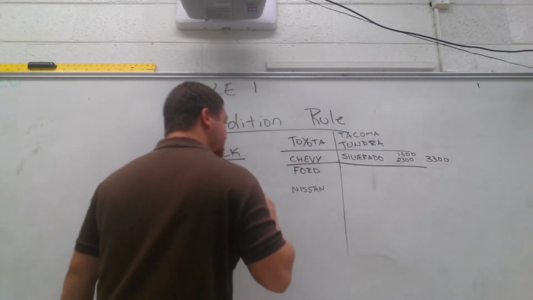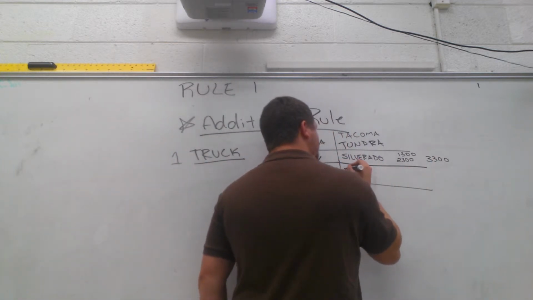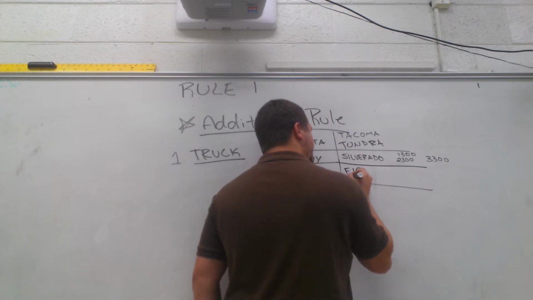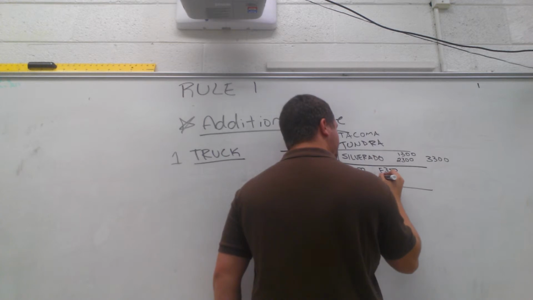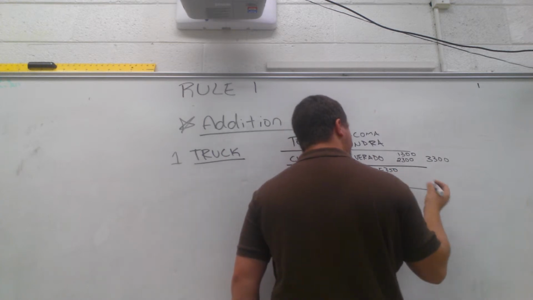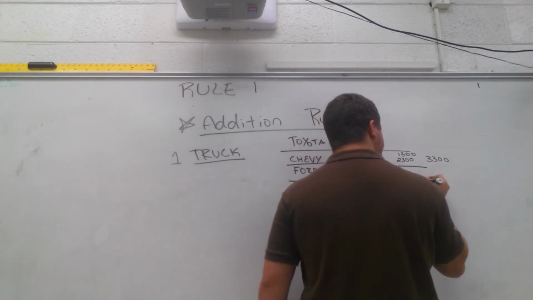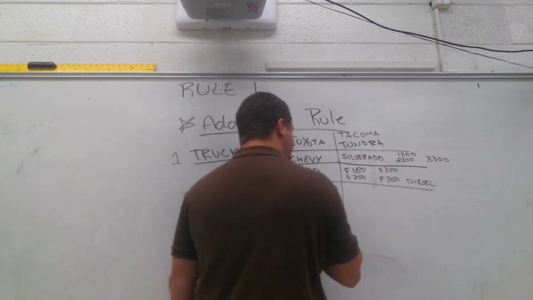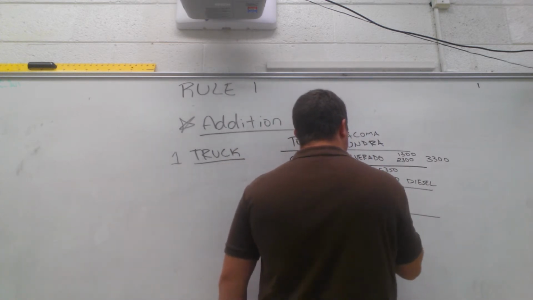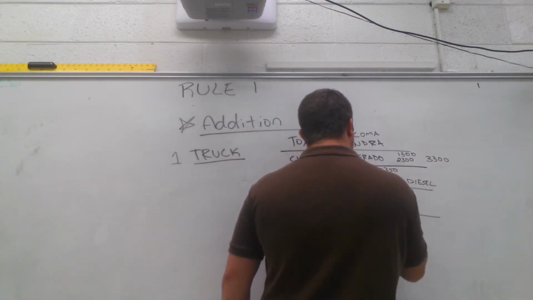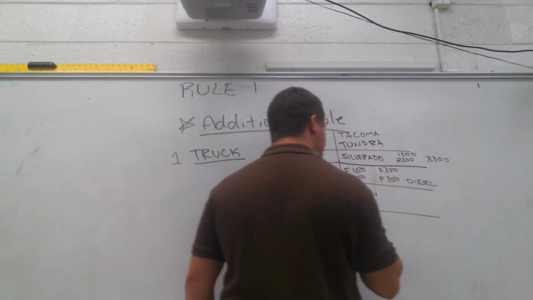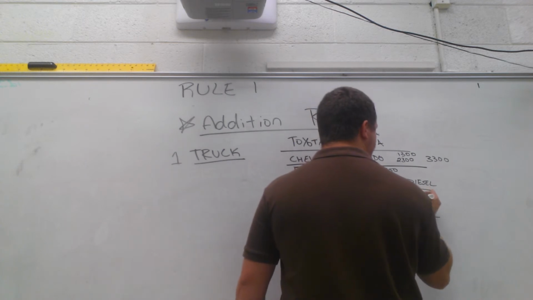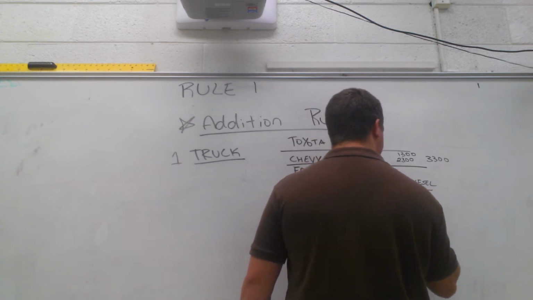Okay. Ford, you've got a F-150, F-250, F-350, and F-350 diesel. We'll say that. Okay. Nissan, you've got pretty much a Titan. That's pretty much all they have. That may not be true, but we'll say that they have a B2300 too and a B3300.